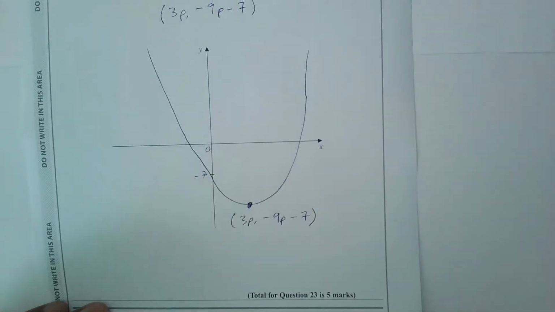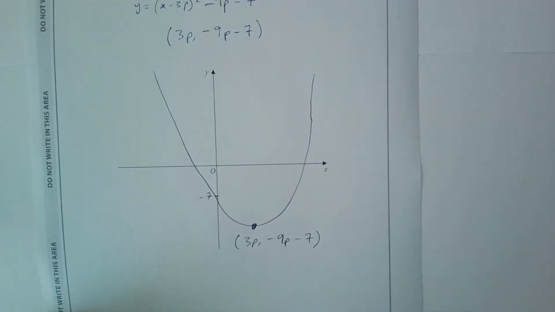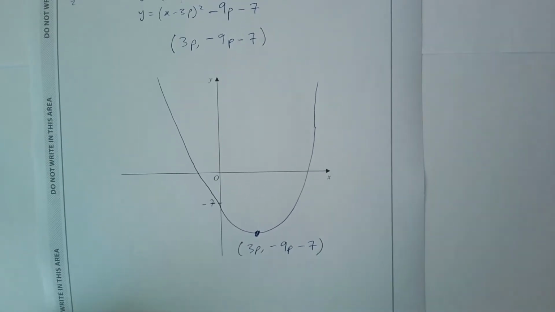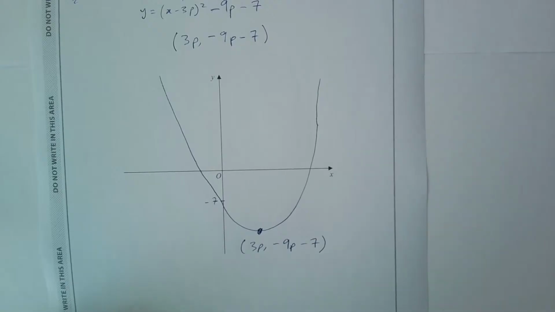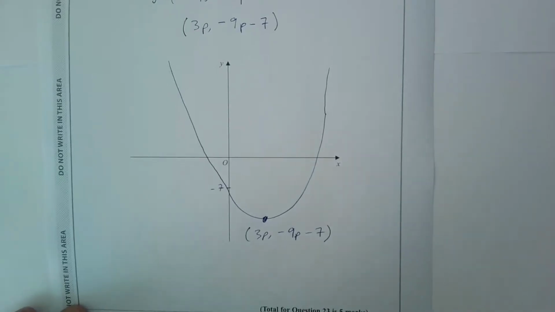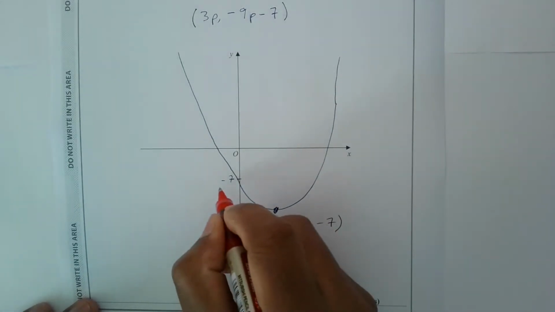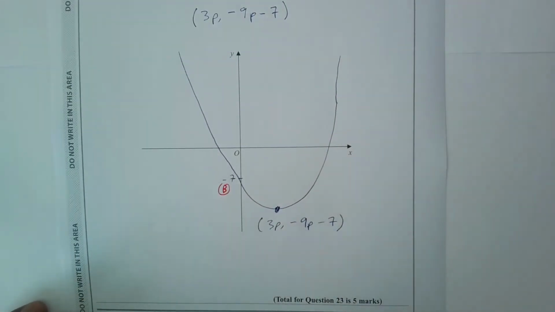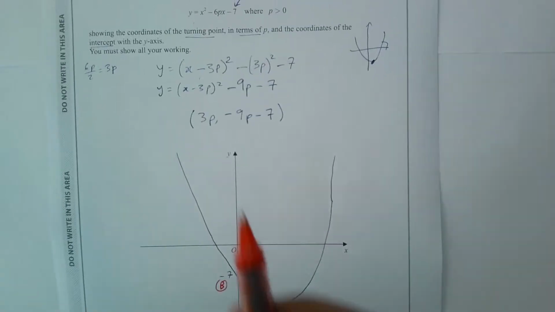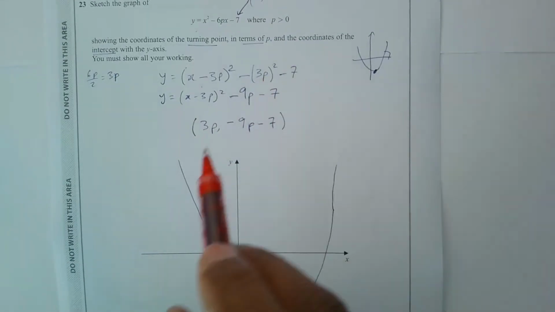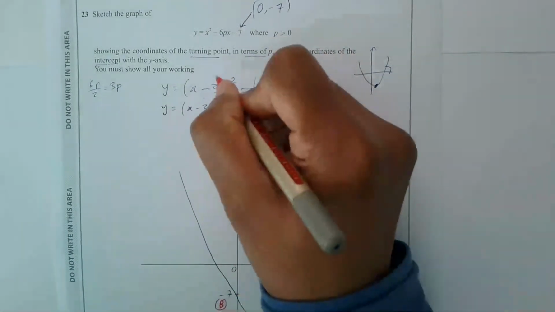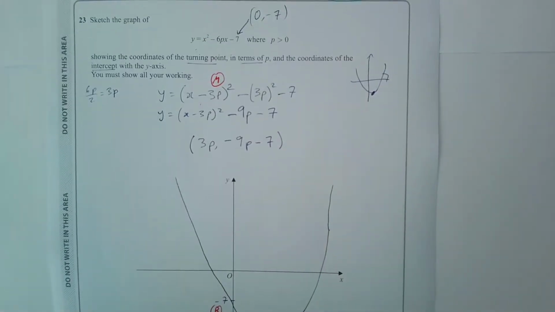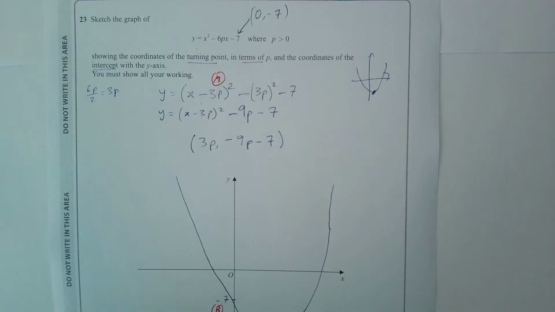And that is it. So where are the 5 marks for this question? The first mark is for putting in minus 7 and having a quadratic. The second mark is when you are halving the coefficient of x, just following step 1 of the procedure.